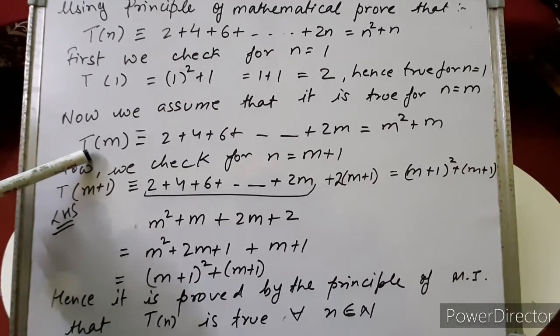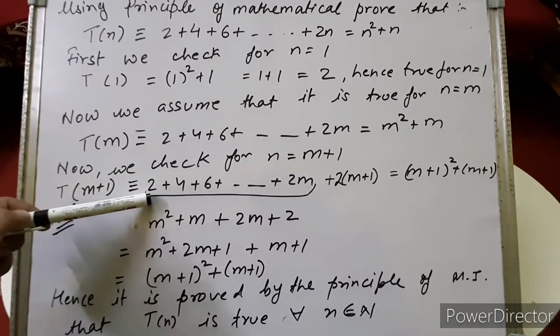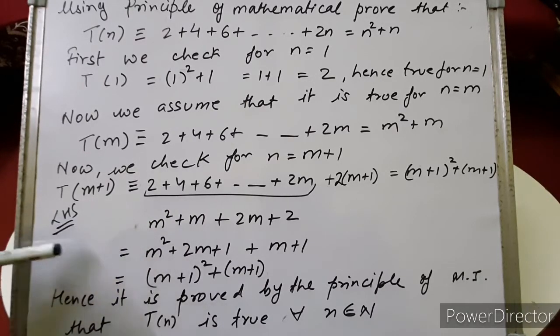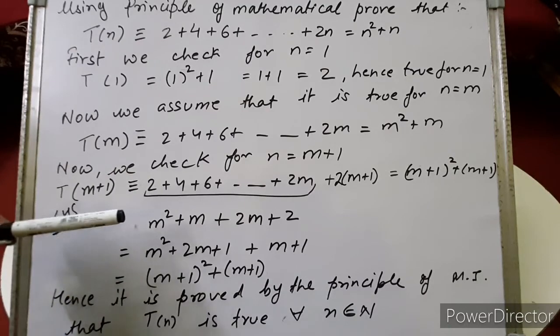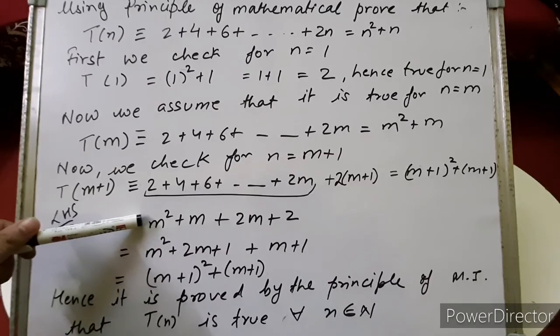That means 2 plus 4 plus 6 and so on plus 2m is equal to m square plus m. So in place of the sum of these m terms, we can put the value m square plus m. Right. We are solving LHS and proving it equals the right hand side. Then we say that it is true. Right. So it will be m square plus m.